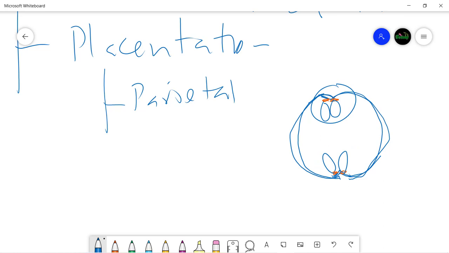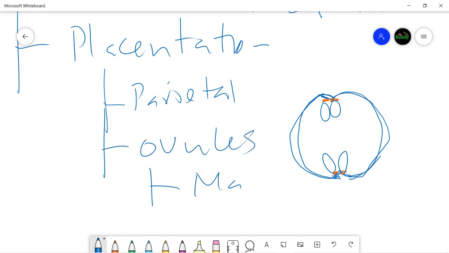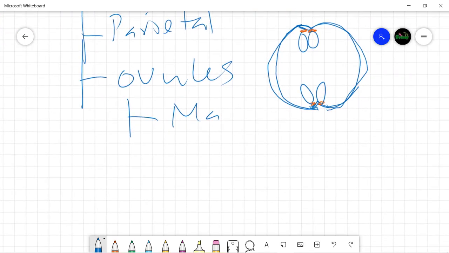So this is known as parietal placentation. So the placentation is parietal, and ovules, they are many in each locule, since it becomes bilocular due to the formation of the false septum. So ovules many in each locule.